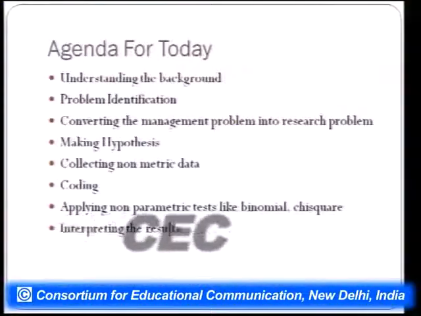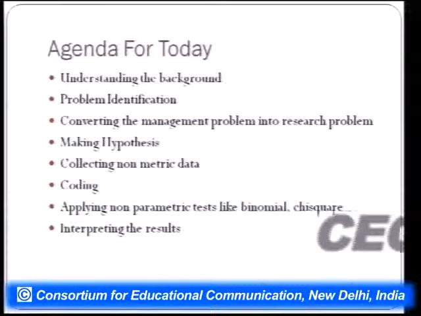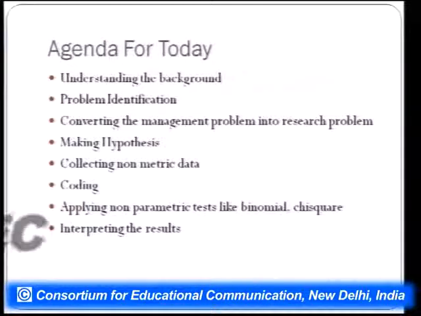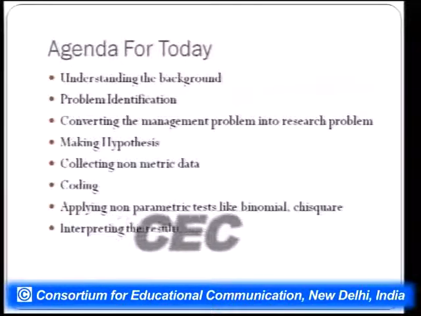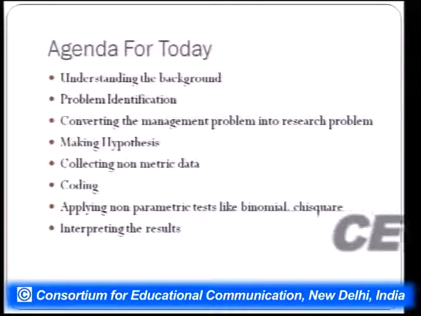Then we will collect the data, code the data, and in the second last step we will apply chi-square or binomial or some other non-parametric methods, and then based on it interpret the results. So if you see, then you will find that the entire process of research will be followed in today's lecture, and we will try to include statistics in the end only to analyze the data that we have collected.